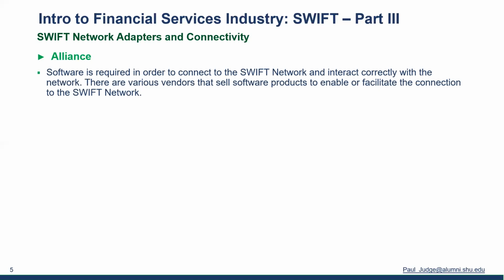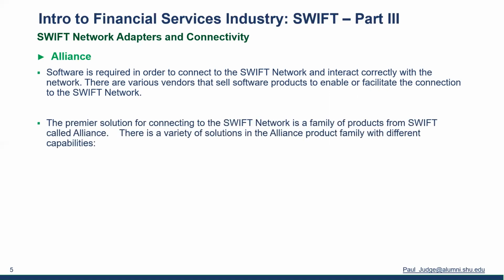So in some ways it's a little bit like a monopoly, but it's a good solution too, by the way. And they have versions that run on different platforms. Okay, so the premier solution for connecting to the Swift network is a family of products from Swift called Alliance.